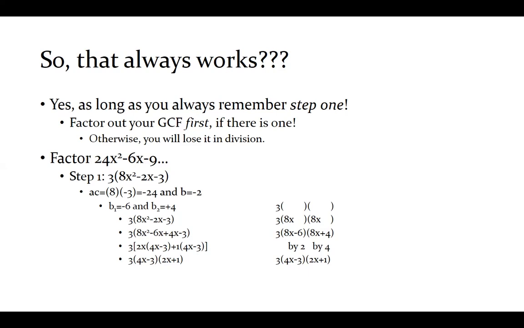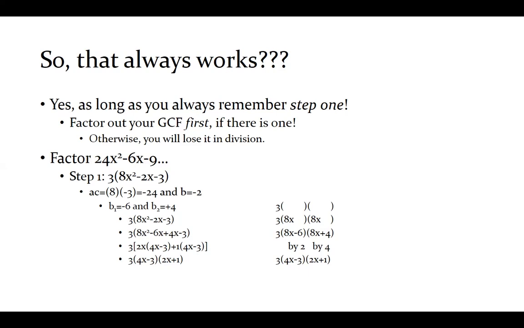Step one is going to be to factor out our GCF. We have a GCF here of 3. Factoring out a 3 leaves us with 8x squared minus 2x minus 3. Now, no matter which way we go, we're going to need the AC part of the AC method. We're going to need those two numbers that multiply to AC, that multiply to negative 24 and add to negative 2.